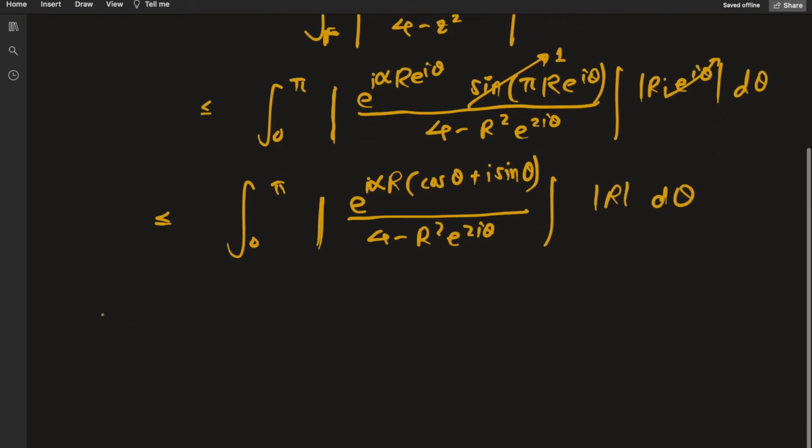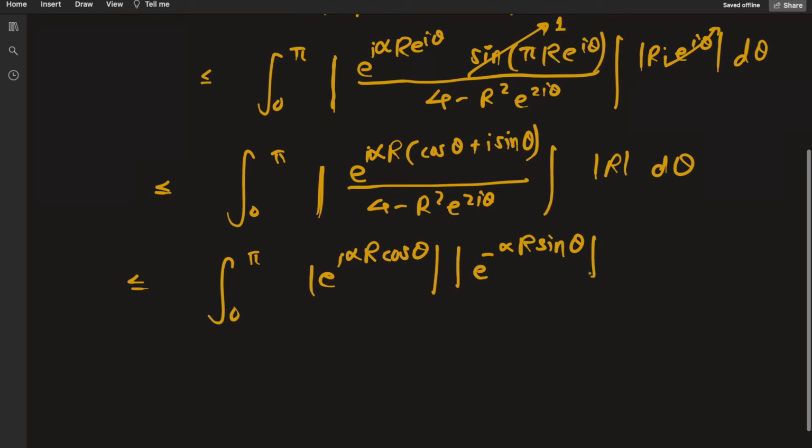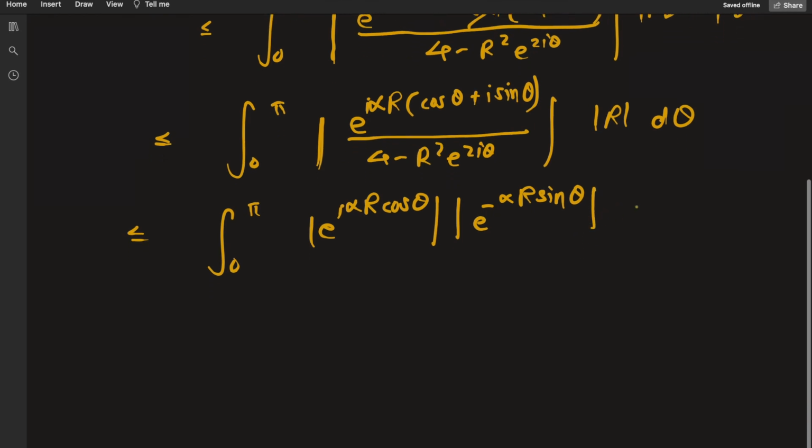d theta. Now we have, in the numerator, e to the i alpha r cosine theta multiplied with e to the negative, because i and i will make a negative 1, alpha r sine theta, r d theta.